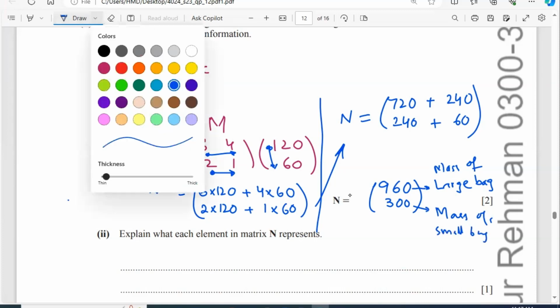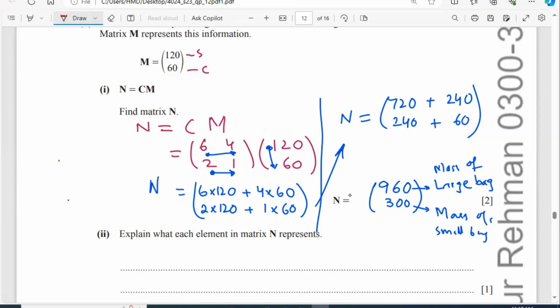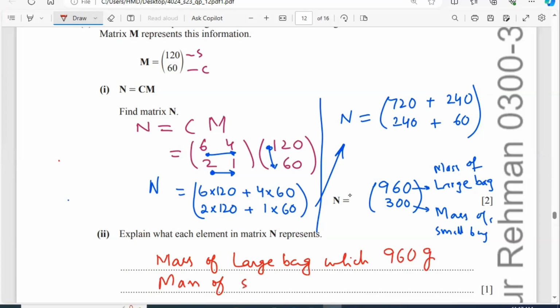So don't forget to write the answer in the answer space. Mass of large bag is 960 gram, and mass of a small bag is 300 gram.